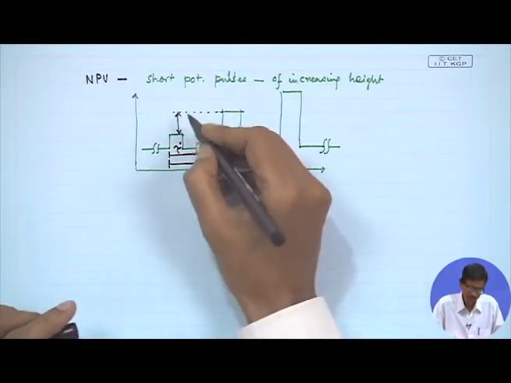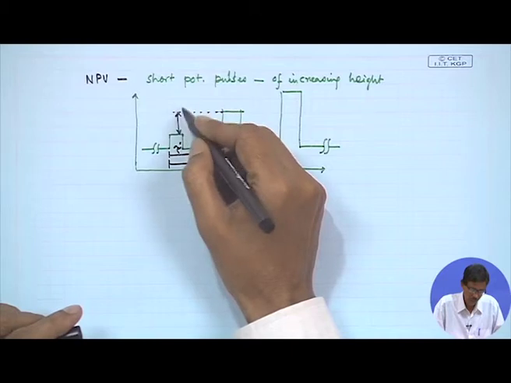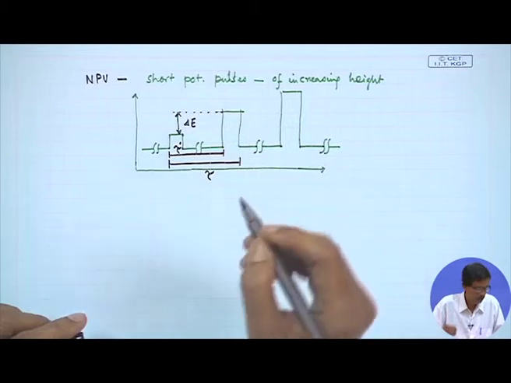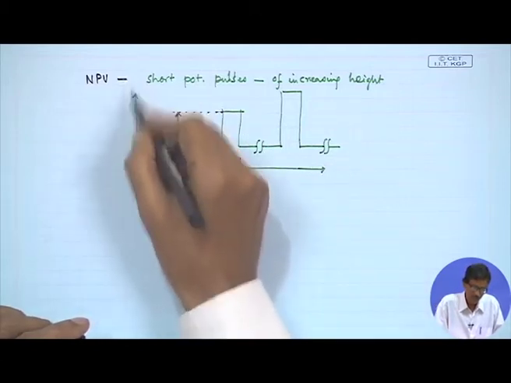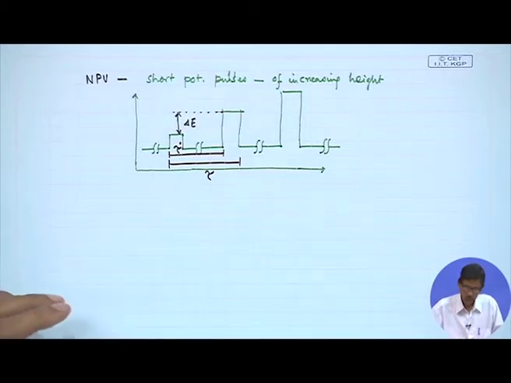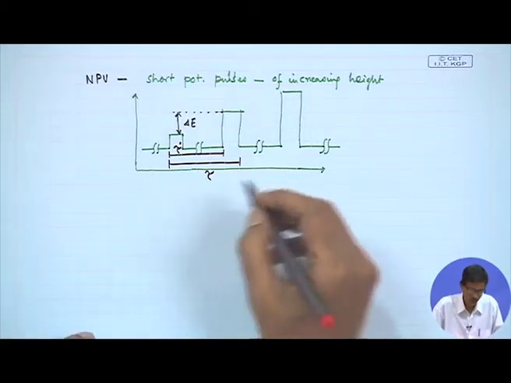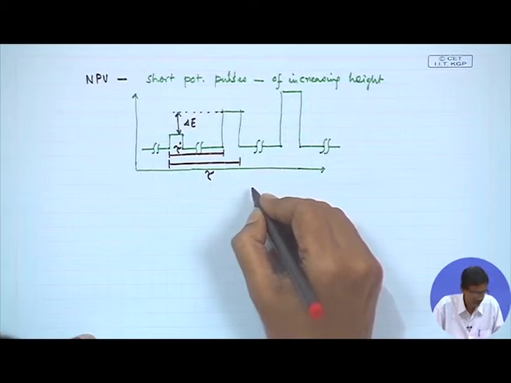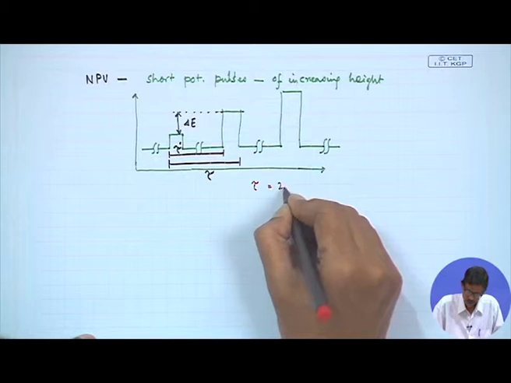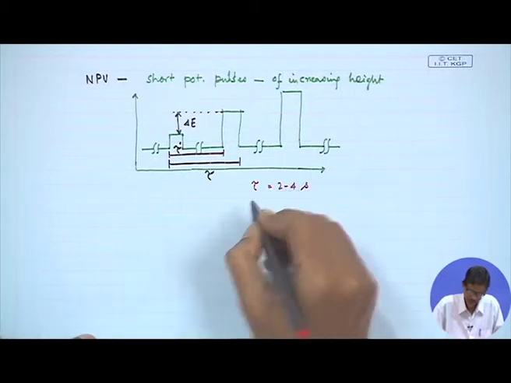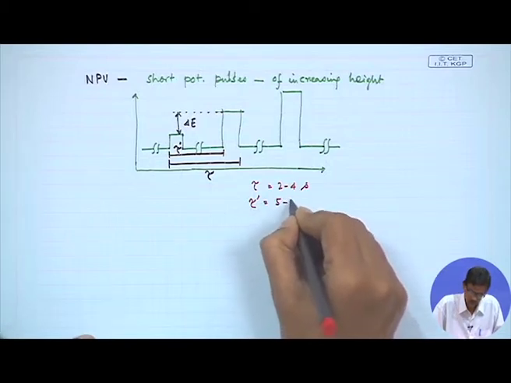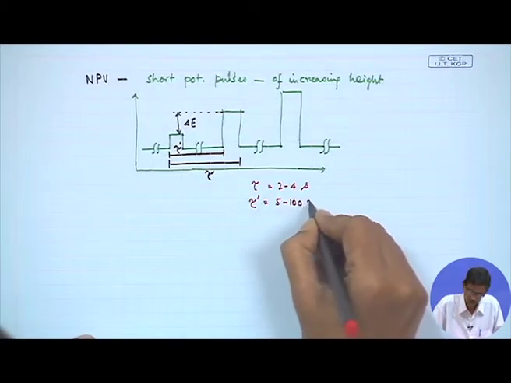When we get this, the pulse changes because of the delta E values. These are the corresponding potential values, this is the potential axis and this is your time axis. When we figure it out for normal pulse voltammetry, your tau values will be in the range of seconds, 2 to 4 seconds, where tau prime is in the range of 5 to 100 milliseconds.